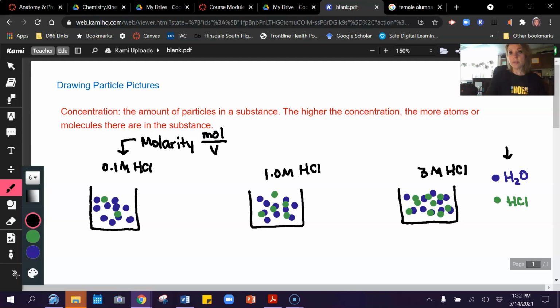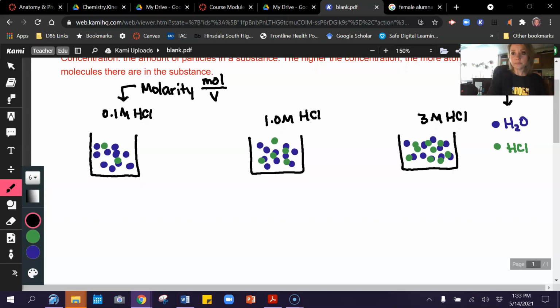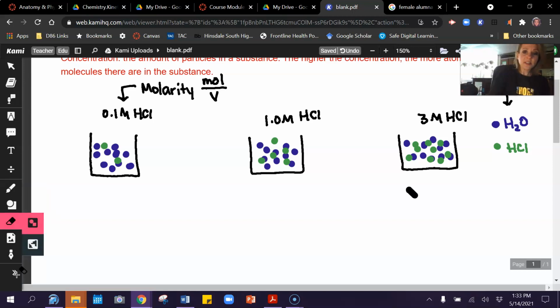And so what is this going to do? Well, in your lab, you took some magnesium and you put a strip of magnesium in each little beaker, and what you found was that your 3 molar hydrochloric acid had the fastest reaction rate.